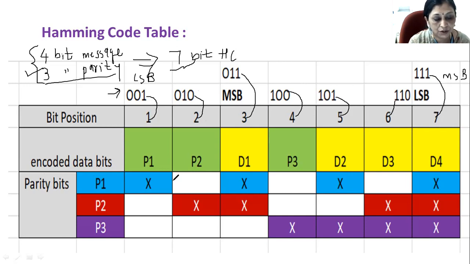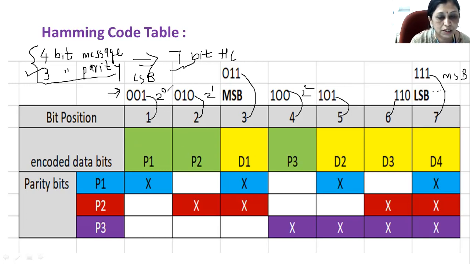After that, you have to fix the parity bit locations and the message bit locations. Generally, parity bit locations are fixed as 2 to the power 0, 2 to the power 1 and 2 to the power 2, and next it would be 2 to the power 3, but it is not present in this particular example.